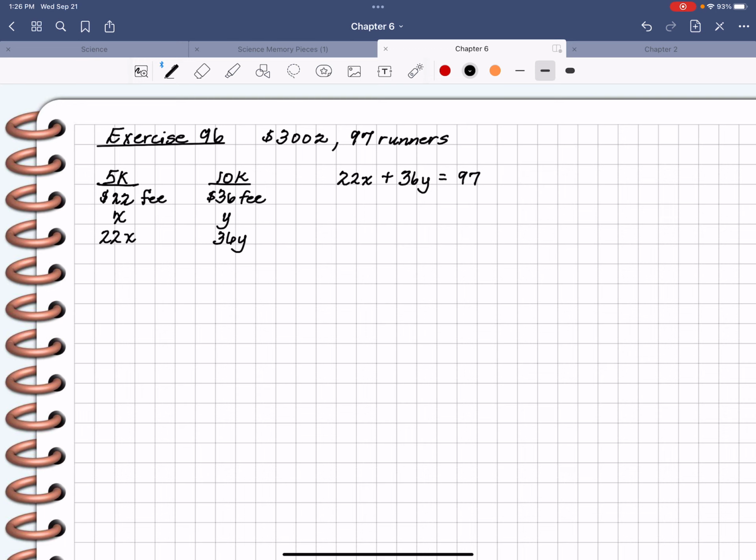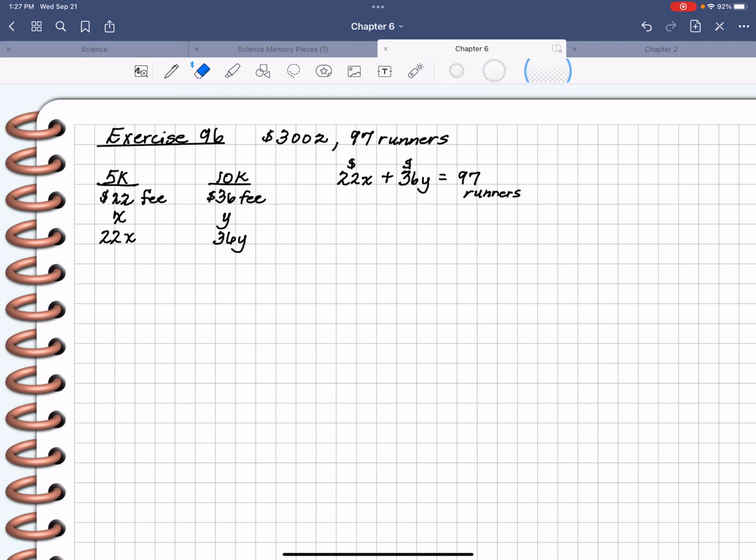No. Why does that not add up? This was a deliberate mistake, but I want you to see why it doesn't make sense. What is the 22 and 36? Is that runners? No, that's money. So we have money equaling the number of runners.